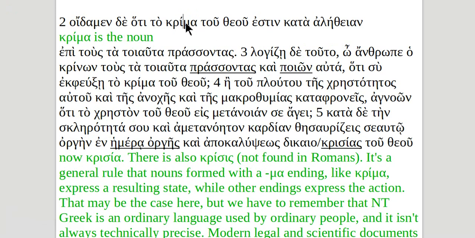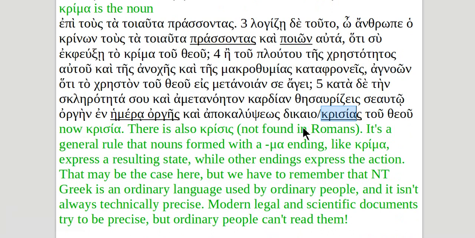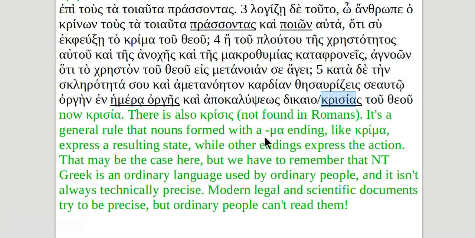Okay, so krima is the noun, and coming down here, now krisis here. And there is also a noun krisis, not found in Romans. It's a general rule that nouns formed with a ma ending, like krima, express a resulting state, while other endings like sis express the action.